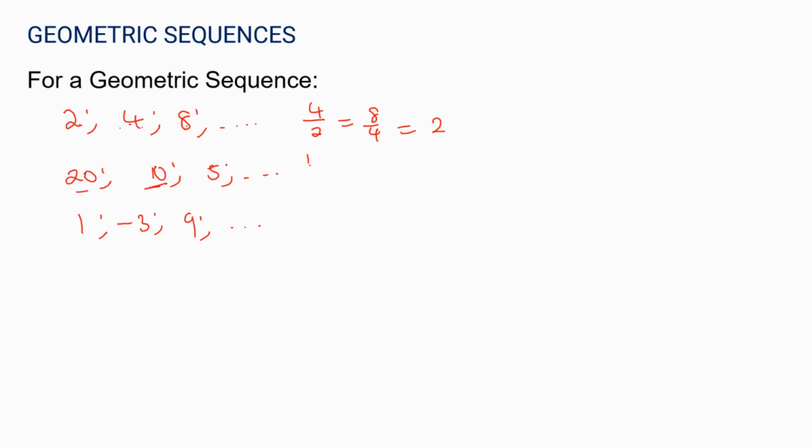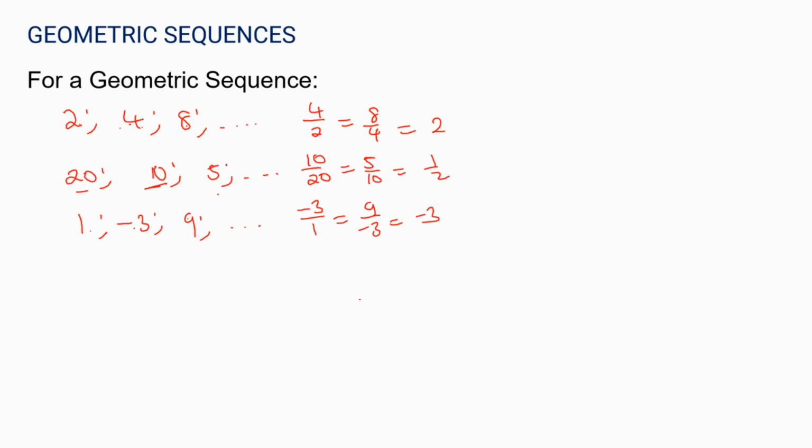Even here, 10 divided by 20 is equal to half. 5 divided by 10 is equal to half. And then here, -3 divided by 1 is equal to -3. 9 divided by -3 is equal to -3.